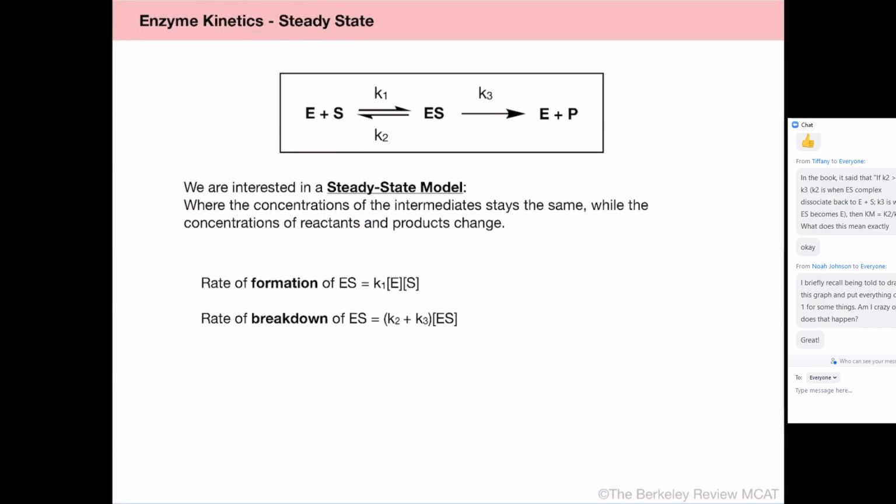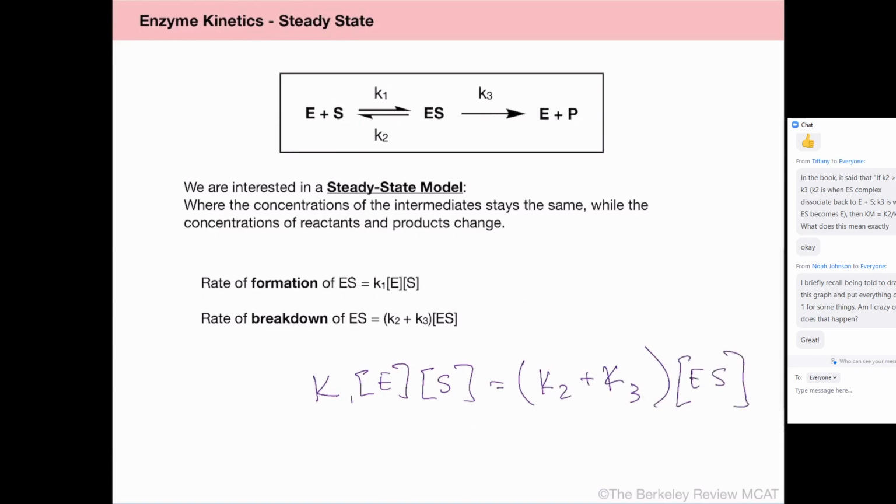At steady state, what that means is that we can actually set this equation equal to this equation, and you can rewrite that as k1 times enzyme concentration times substrate concentration equals k2 plus k3, your rate of breakdown, times your enzyme substrate concentration.